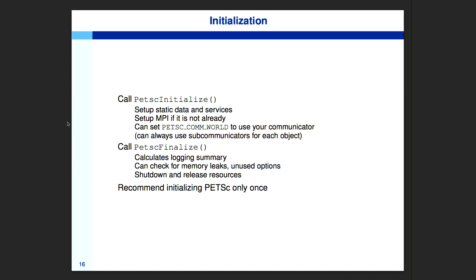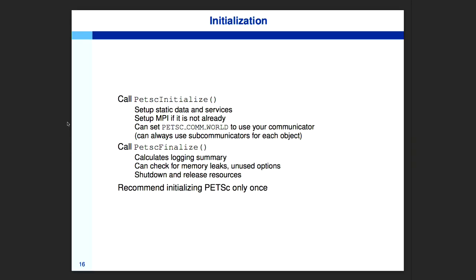So for each PETSc program, you begin in your application space by initializing PETSc. And this really just gets our data structure set up. It can determine setup for MPI if that hasn't been done already. And you can use whatever subset of processes that you find appropriate for that aspect of work.